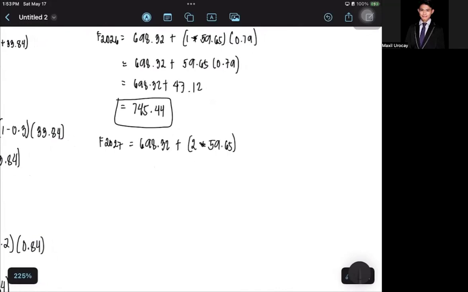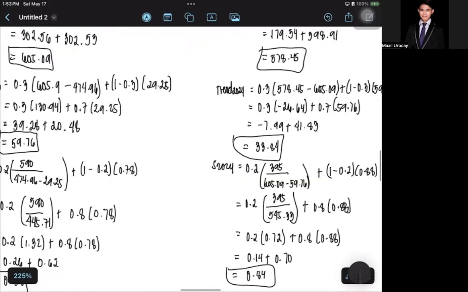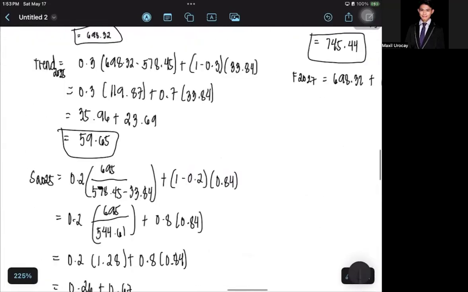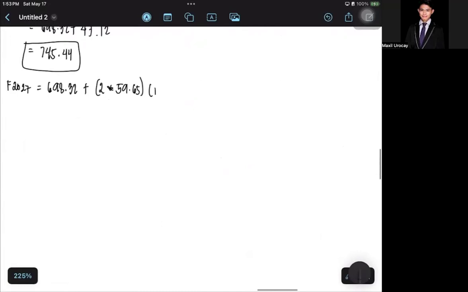Then the seasonality initialized here is definitely 1.08. So here, calculate the 2 times 59.65.